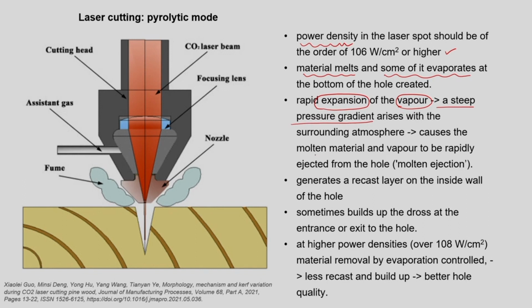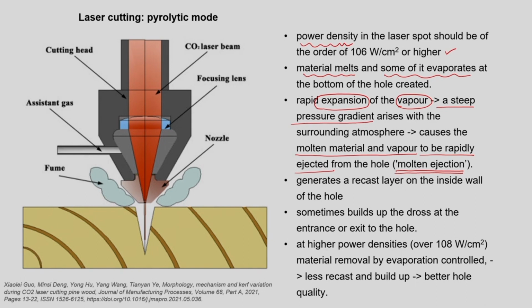Due to this, the molten material or vapor is rapidly ejected out. So, it is called molten ejection.